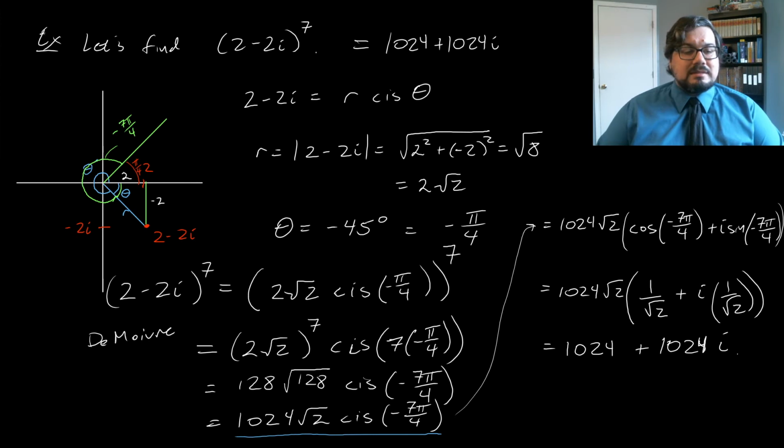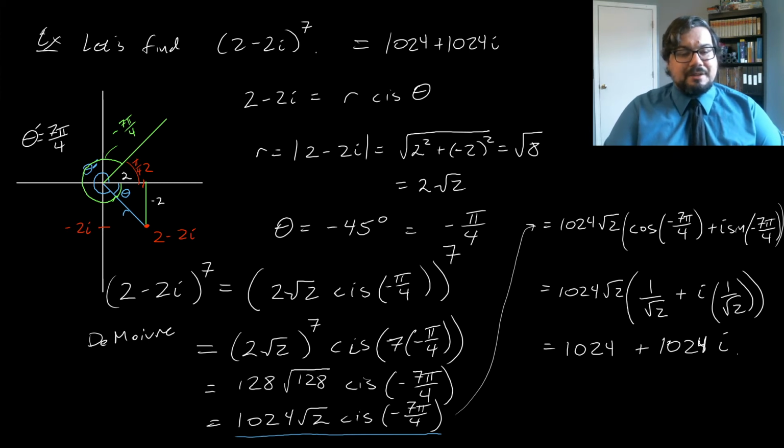Now, let's see what happens if we use another angle. We used negative pi over 4 as our argument for the complex number 2 minus 2i, but it's not the only possible argument. Back originally, I mentioned I wanted to look at theta prime. Theta prime would be 7 pi over 4.